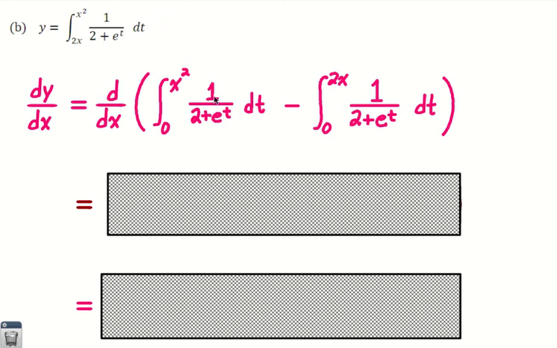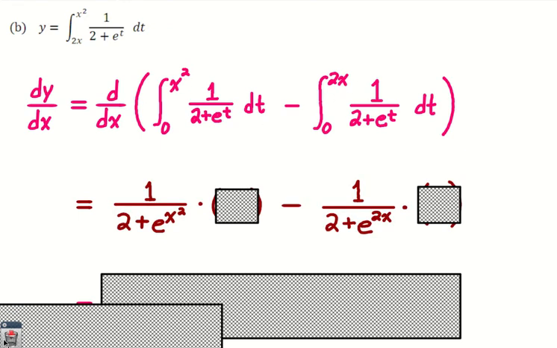And then from here, it's just working each integral separately, where here we're going to be plugging in x squared for the t, but then there's going to be a chain rule involved here, won't there be? And then same thing here, we're going to be plugging in the 2x for t, but won't there also be a chain rule here, by tacking on the derivative of 2x over here, and the derivative of x squared over here.